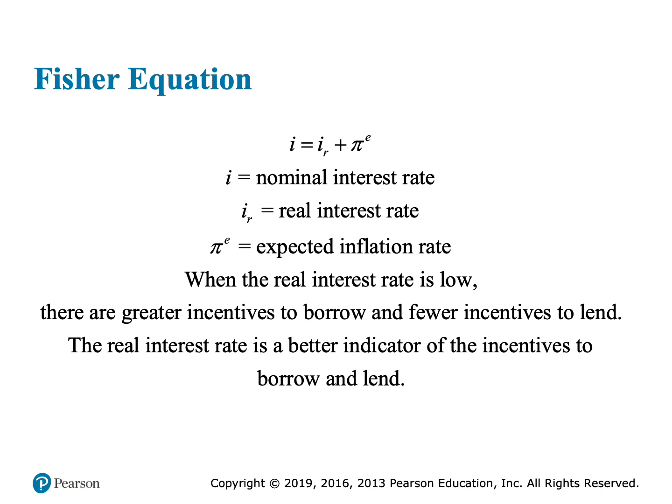Do also know that embedded in this equation, if we make a few different assumptions, like the assumption that the real interest rate is fixed for lenders, then we have a theory of how inflation impacts nominal interest rates. If the real interest rate is fixed, then any change in pi e must lead to an equivalent change in i. So inflation will pass straight through to the interest rate.